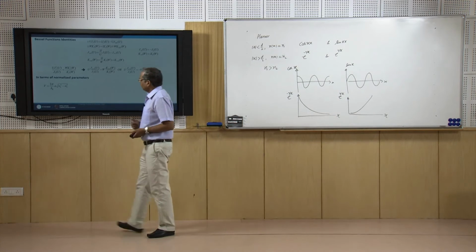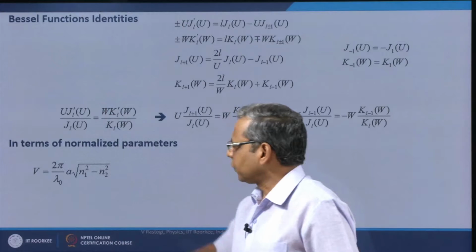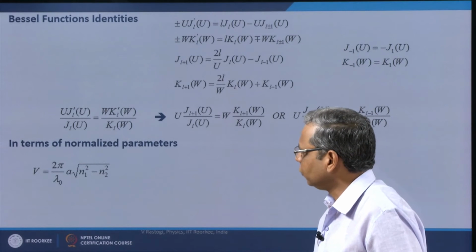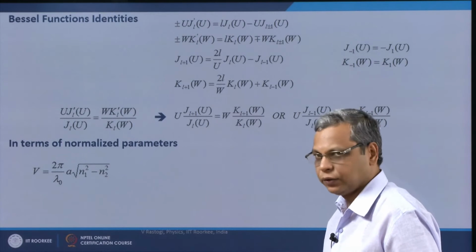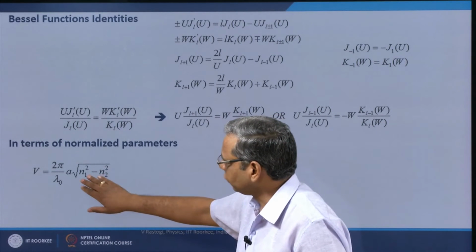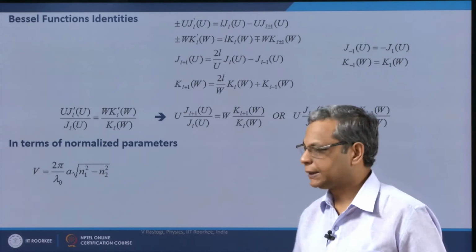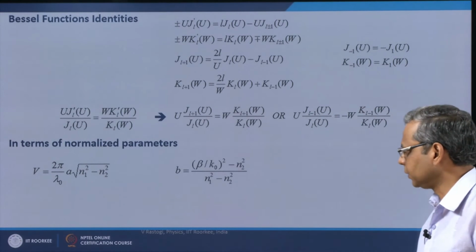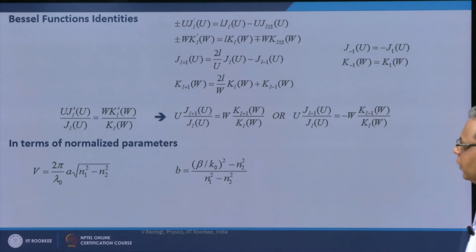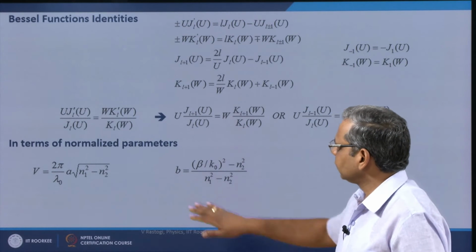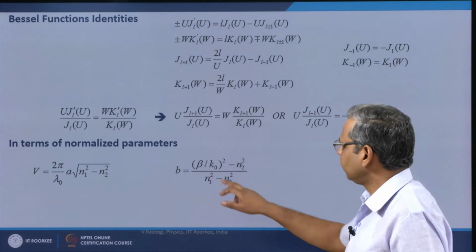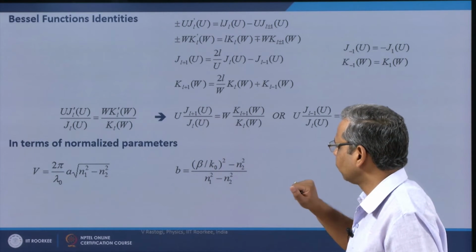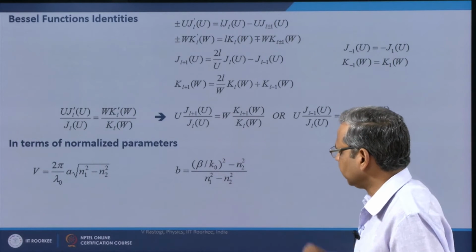We already have the normalized frequency, which is 2 pi over lambda naught times a times square root of n1 square minus n2 square. You can see that this square root of n1 square minus n2 square is nothing but NA, the numerical aperture. We define the normalized propagation constant exactly in the same way as we had done for planar waveguide. So it is b equals beta over k naught square minus n2 square over n1 square minus n2 square.